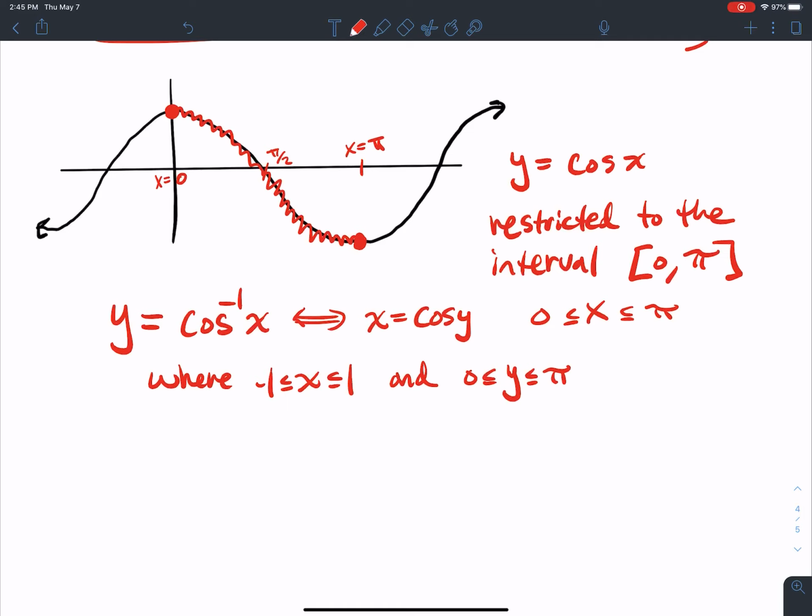Here y is the angle whose cosine is x. So y is the angle whose cosine is equal to x.